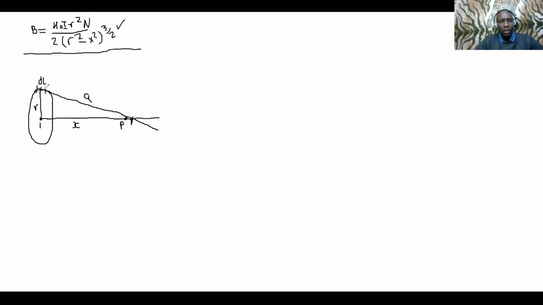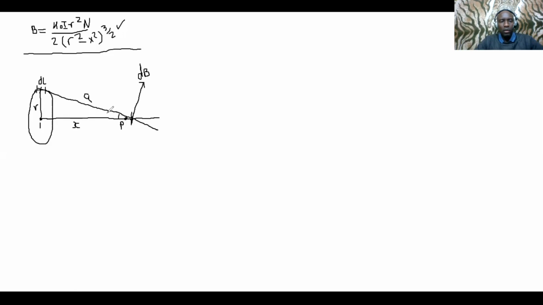One of the things you need to note when drawing this diagram is that the magnetic field will always act perpendicular to the line joining the small length dl and the point P. Therefore, you draw the magnetic field perpendicular to that line, and this magnetic field you call dB according to Biot.